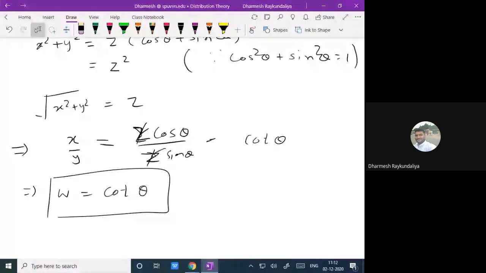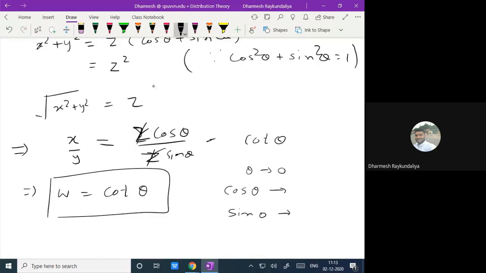Okay. So we know that when theta equals 0, what happened to the cos theta? And what happened to sin theta?